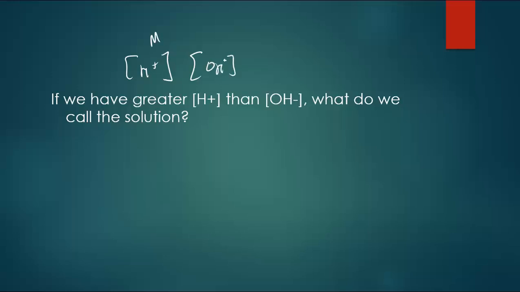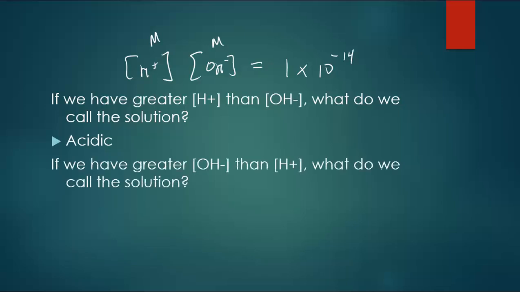The concentration of hydroxide and hydrogen together must equal 1 times 10 to the negative 14th. So, what do we call a solution that has an imbalance? But the imbalance is more on the acid side. You have more acid than base. Acidic. What do we call a solution where it's become imbalanced and you have more base than acid?